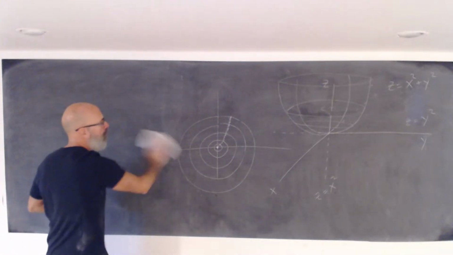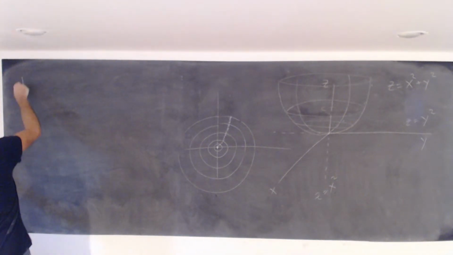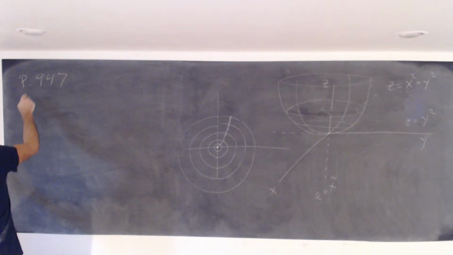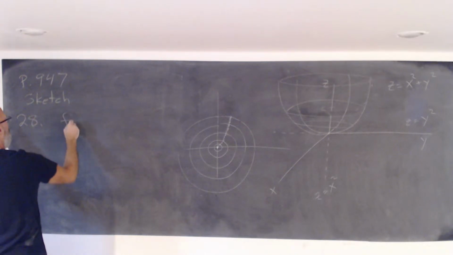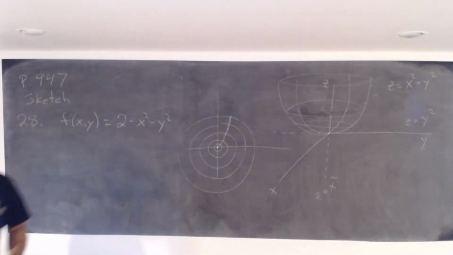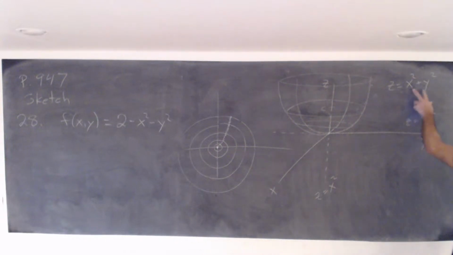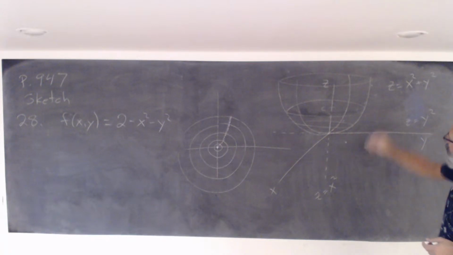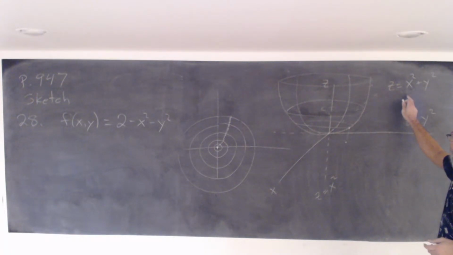Let's take a few more examples. Again, let me point out here, we're really saying if you take any point xy in the xy plane, you go up to a z value using this function.